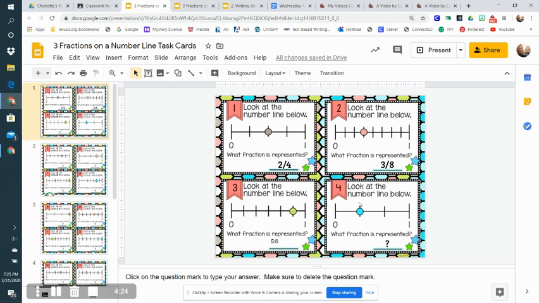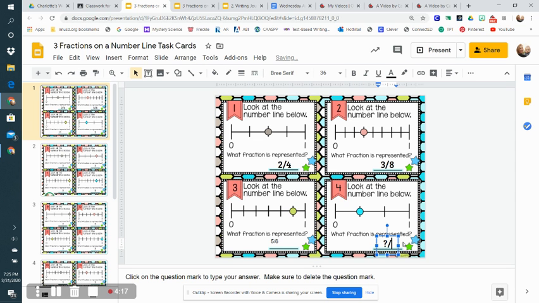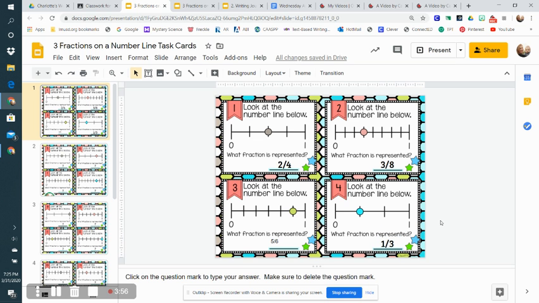So this one is divided into 3 equal spots, or 3 equal portions here. Okay. So now we just need to figure out the numerator. Where is this dot? Which out of those 3 is the dot? And it happens to be on 1. So my fraction here is, what fraction is represented? 1/3.